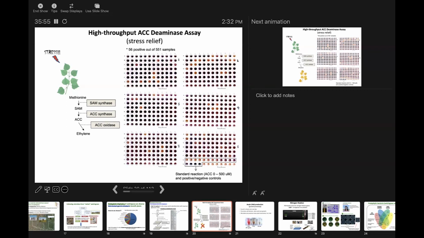Now, to do that, it's got to use an enzyme that converts this compound, ACC, to ethylene. As a response, the plant then senesces, it dies, other sorts of things, when this plant stress hormone is there. So this enzyme we can block. So we can block ethylene production, okay?